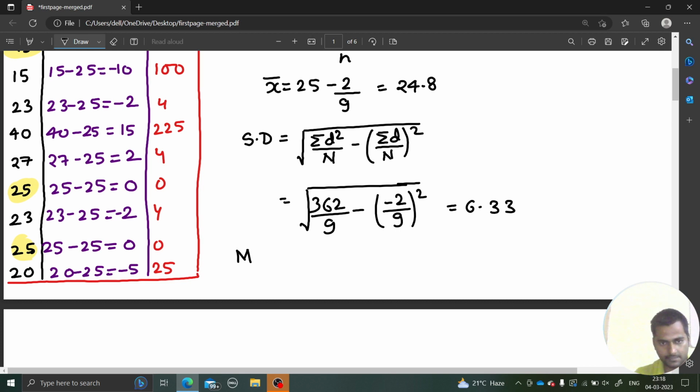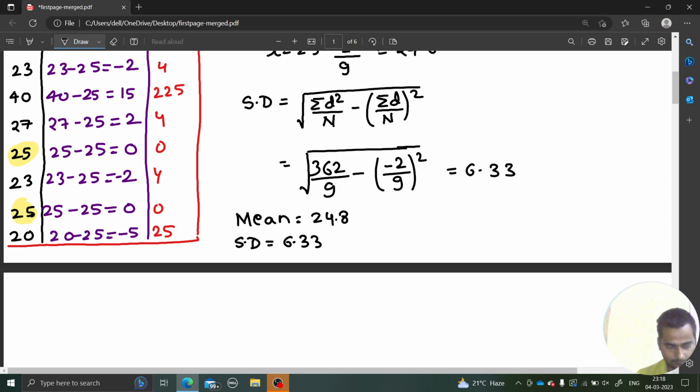Your mean was 24.8. Your standard deviation is 6.33. If you use the formula for the coefficient of skewness, that is mean minus mode. What is the mode? 25 occurred 3 times, so that is the mode, divided by standard deviation, which is 6.33.